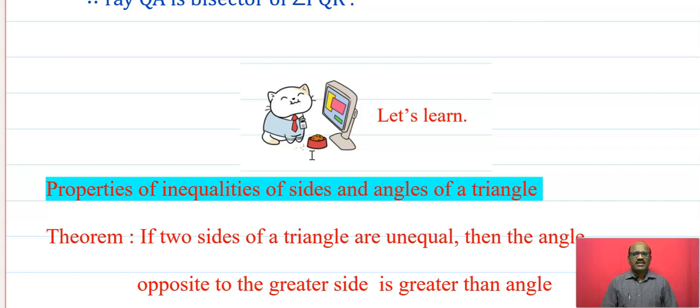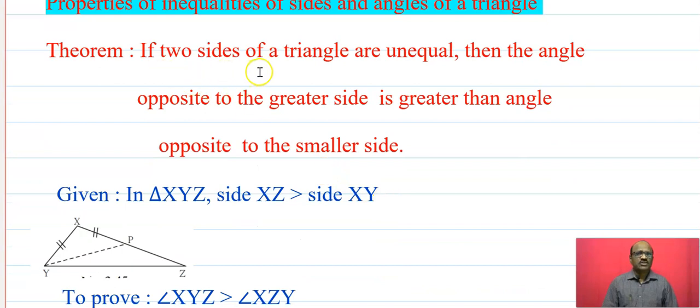Now next are the properties of inequalities of sides and angles of triangles. If two sides of a triangle are unequal, then the angle opposite to the greater side is greater than the angle opposite to the smaller side. Now consider triangle XYZ.